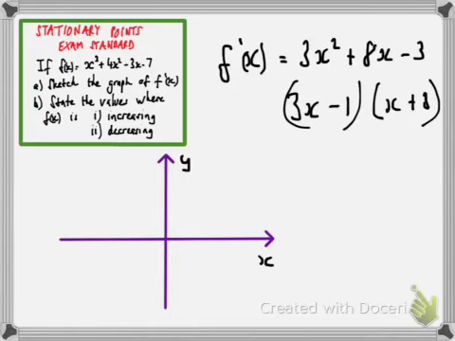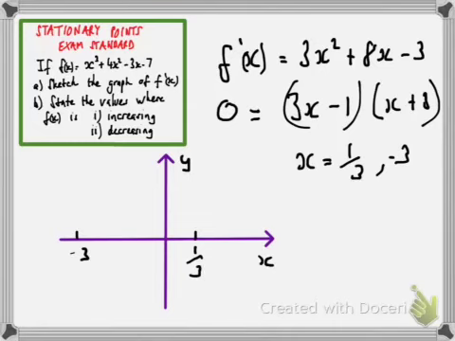So to find the x-intercepts, we make that equal to 0. And that gives us x-intercepts of a third and negative 3. So we're going to get x-intercepts here, negative 3 and 1 on 3, which we can put there. The y-intercept of the graph will be negative 3. So we can mark that in here as negative 3.